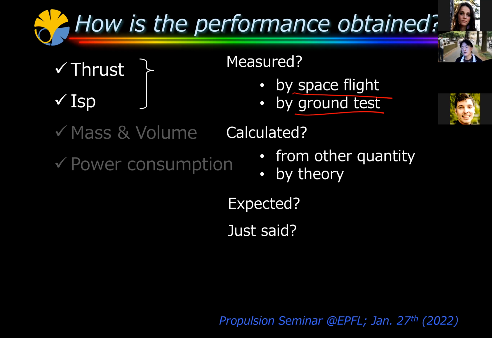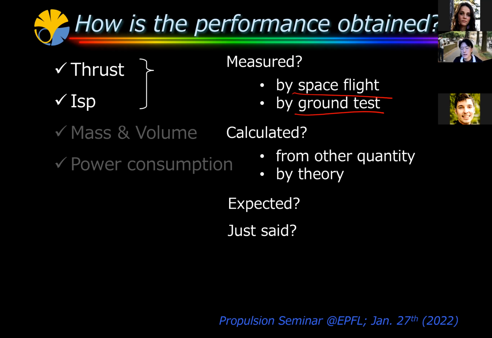So usually we use a thrust stand. It's like a pendulum that the propulsion system is installed on. And by measuring the displacement of the pendulum, we can estimate the thrust. So this is also a very good method.